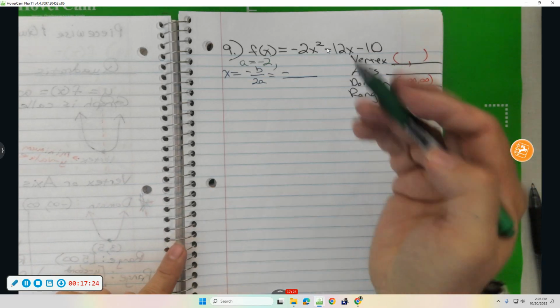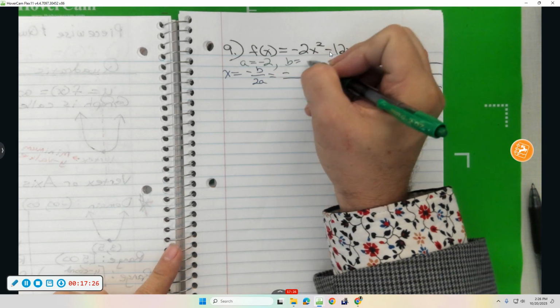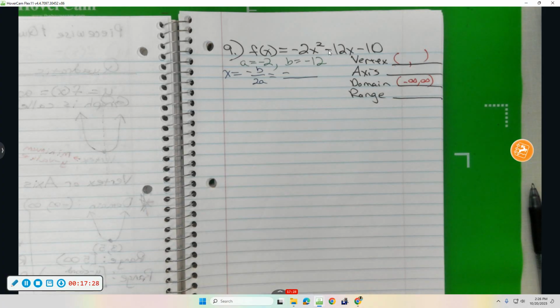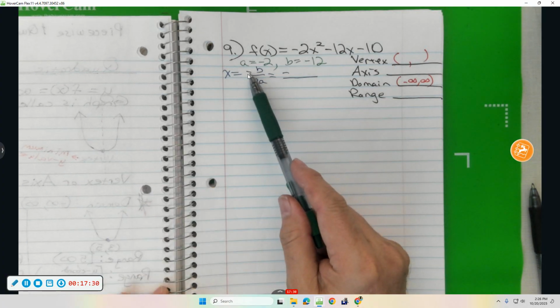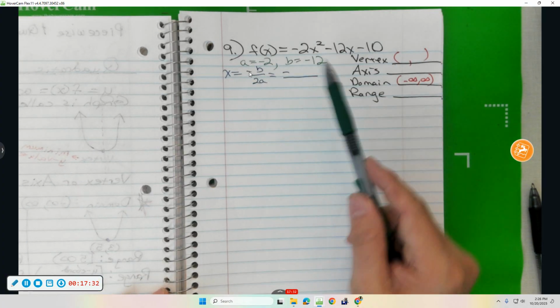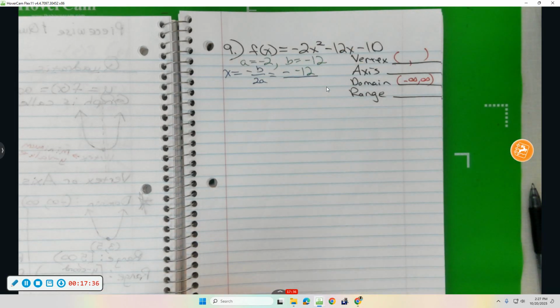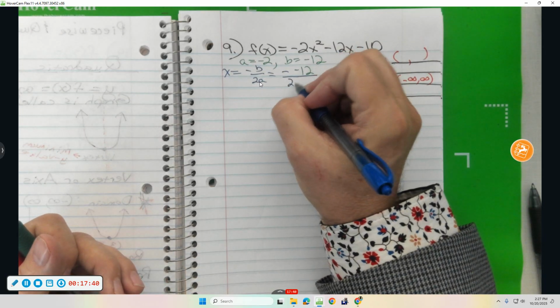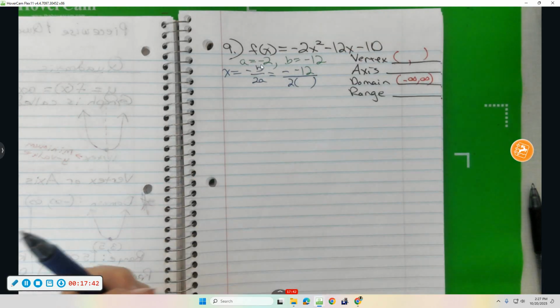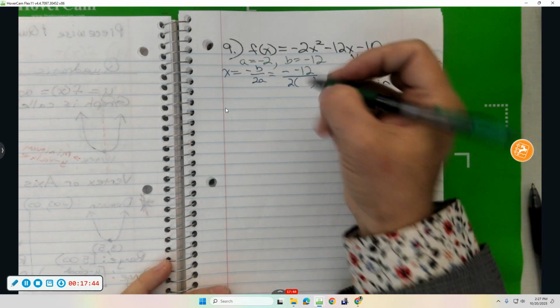What about B? Well, it's a negative 12, but when we plug it in, it's going to become a positive 12. Do y'all see why that is? We have that negative, and then we're going to plug in negative 12, so that's going to become a positive 12. And we have a 2 times A, which was negative 2.